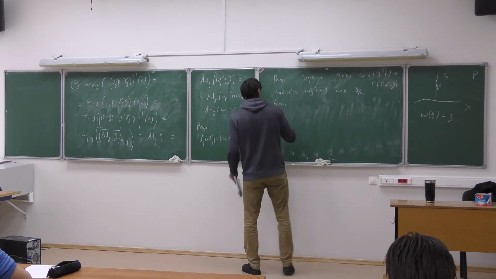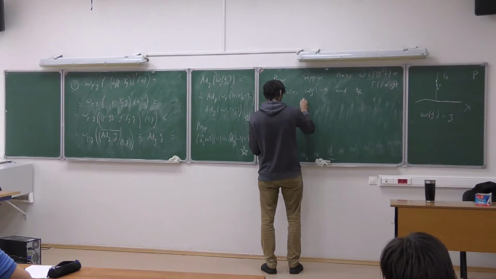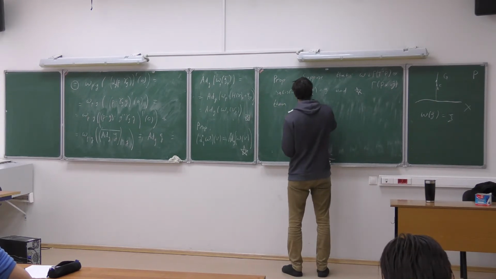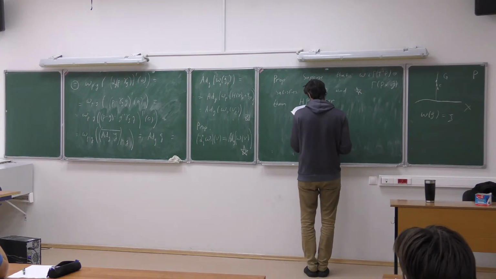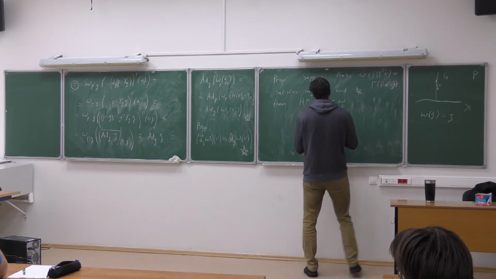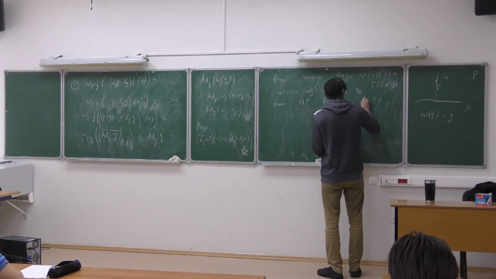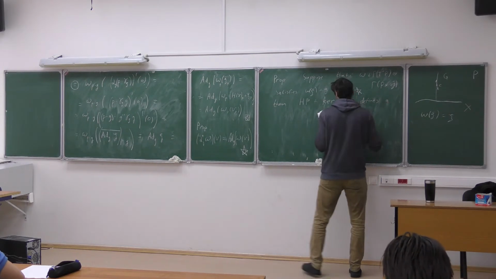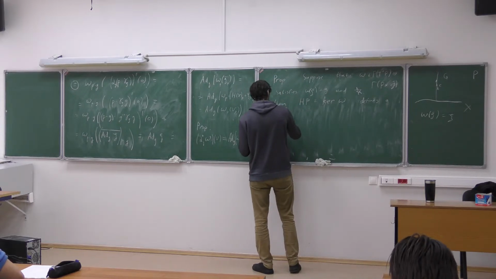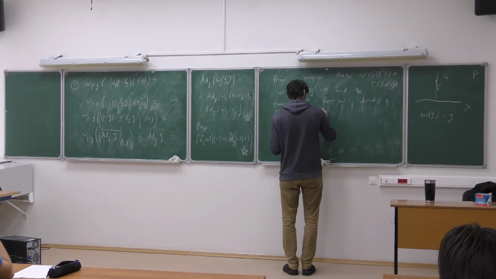Then I can now define a horizontal subbundle by the following. It is the kernel of omega. Then this defines a principal G connection.